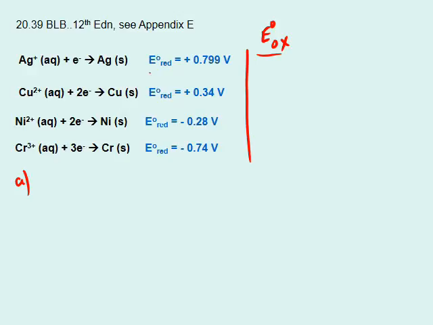So E0 reduction becomes E0 oxidation, and the values, all in volts, are minus 0.799, minus 0.34, plus 0.28, plus 0.74.